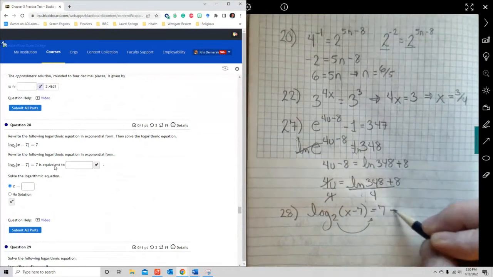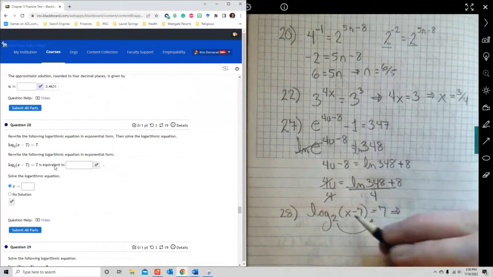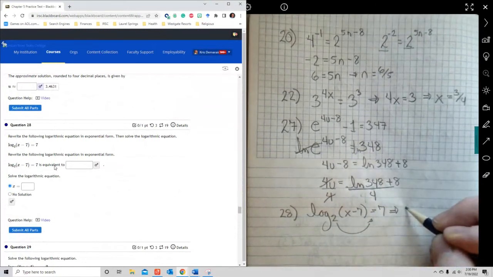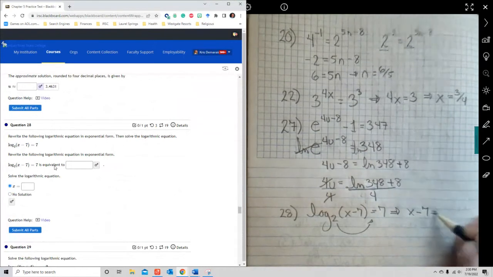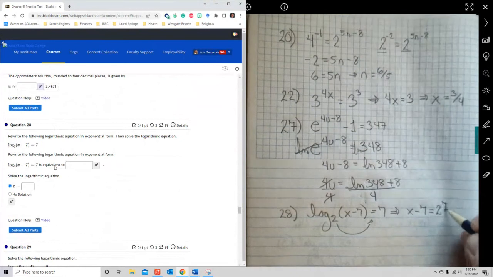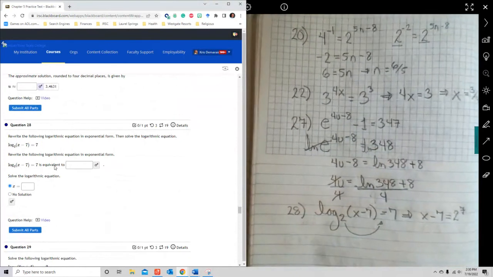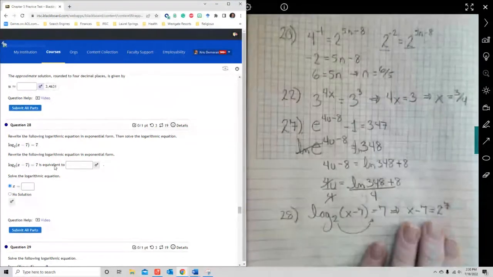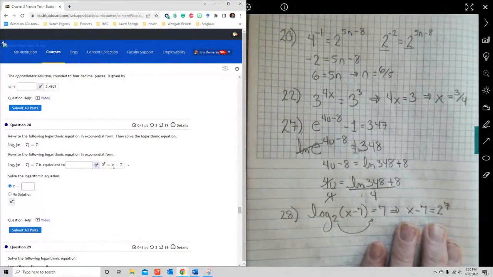And then that's going to move the base of the log away from the component of this. So we're going to go ahead and set this equal to, and then it's going to be 2 to the 7th power. And then we can evaluate that, okay? We can actually evaluate it. So we get that, okay?